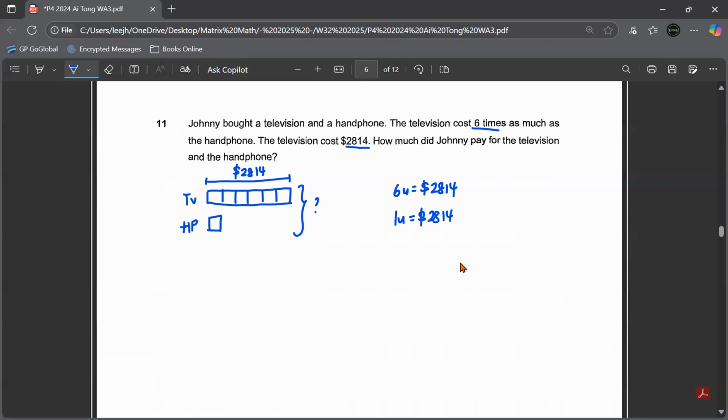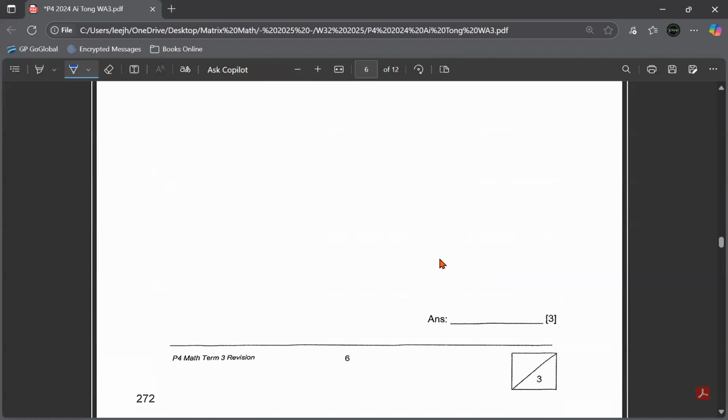Find 1 unit, always divide. 2814 divide by 6, which is 469. But that's not my final answer. Total, so total you have 7 units. So you take 469 times 7, or 7 times 469 also can. Your answer will be $3,283. So remember to fill up 3,283. Okay, you need to finalize your answer, right?